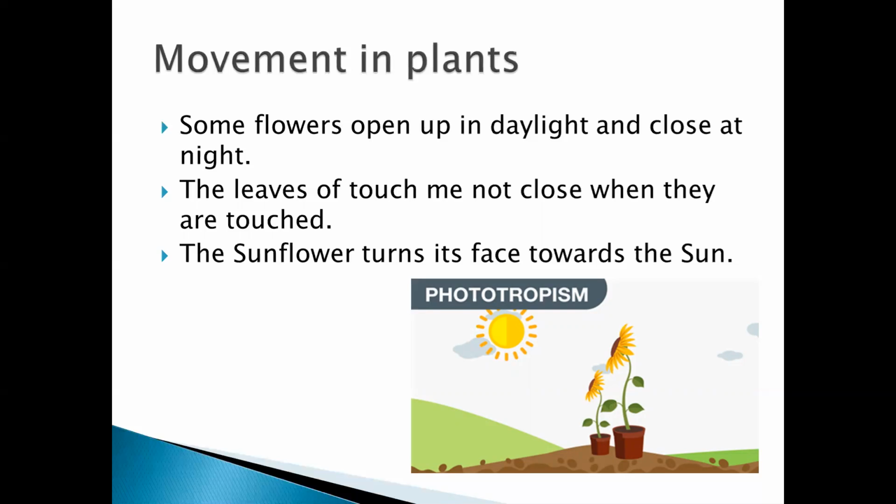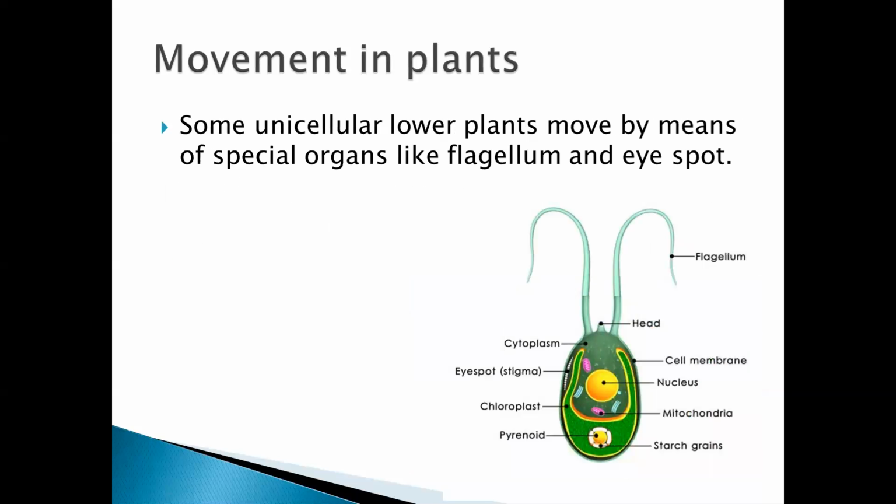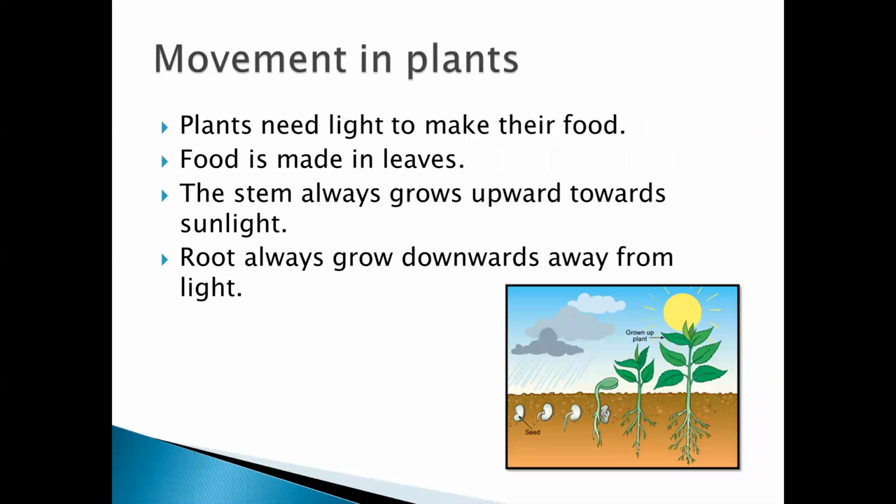I explained earlier about lower plants like Chlamydomonas and Euglena. I told you that they use a whip-like structure called the flagellum, and another organ called the eye spot, which gives them sensitivity to light. This is the example of movement in lower plants.